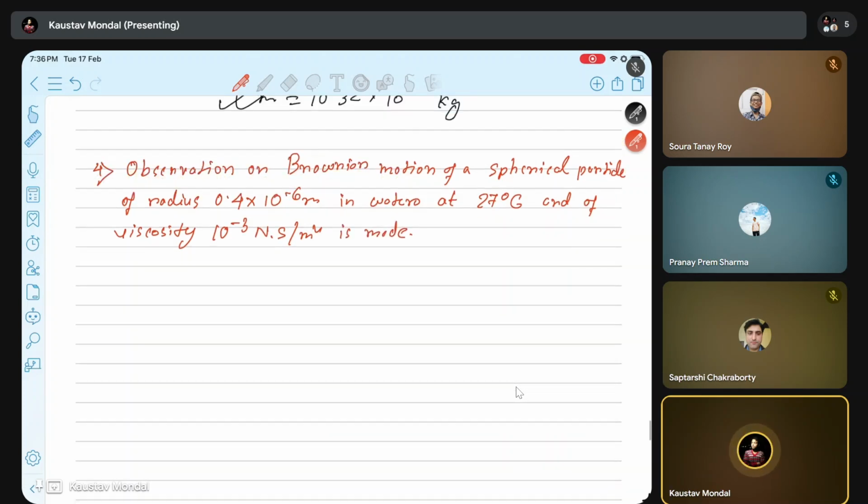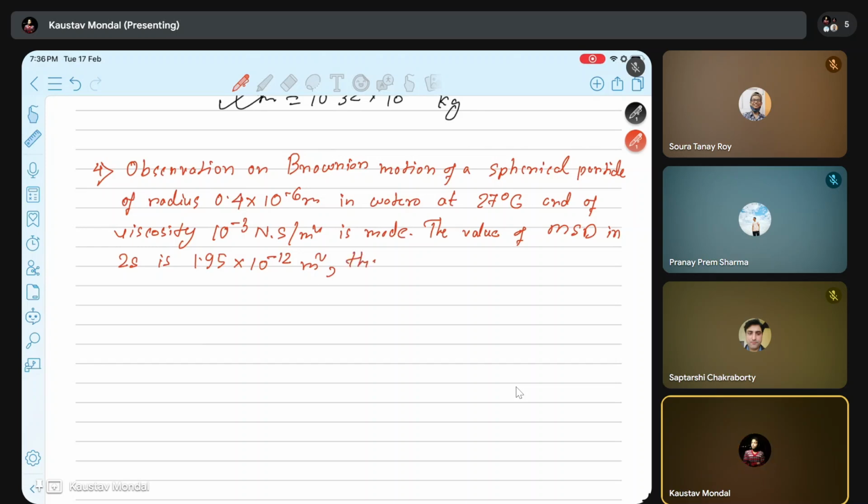So the Brownian particle is spherical, the radius is given, the water viscosity and the temperature are given. The value of MSD in the 2 second interval is 1.95 into 10 to the power minus 12 meter square. So this is MSD, not RMSD, so its units will be meter square.